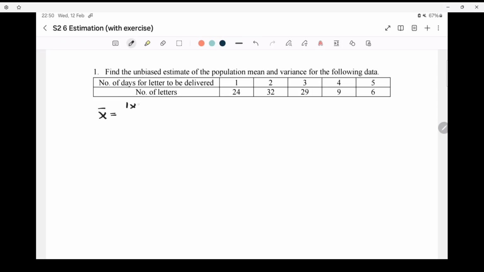So 1 times 24, 2 times 32, 3 times 29, 4 times 9, 5 times 6. So this whole thing you divide by the sum of everything, I think, is 100. So 30 plus 40 plus 30. Yes, it's 100.